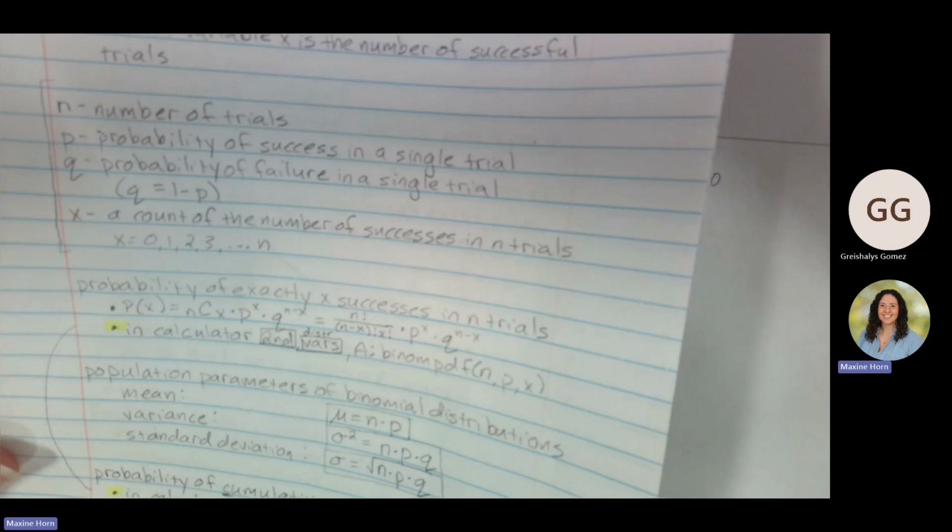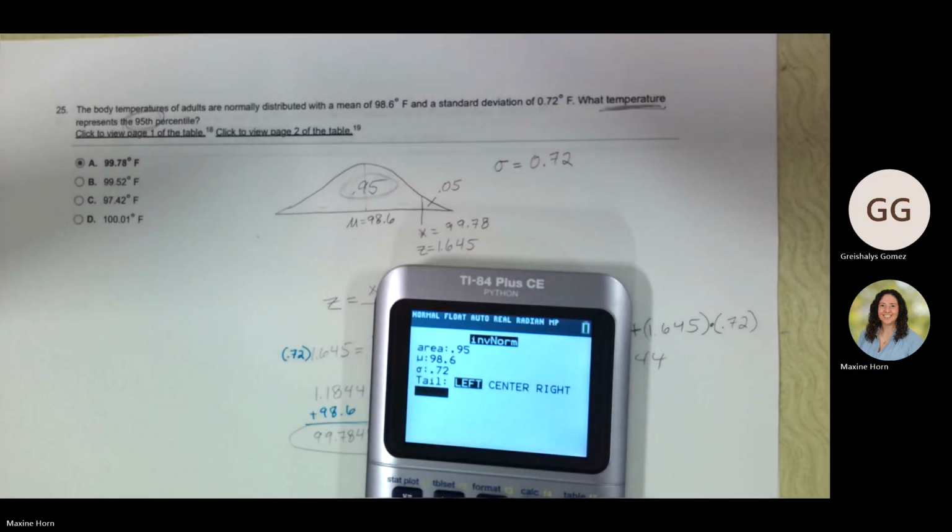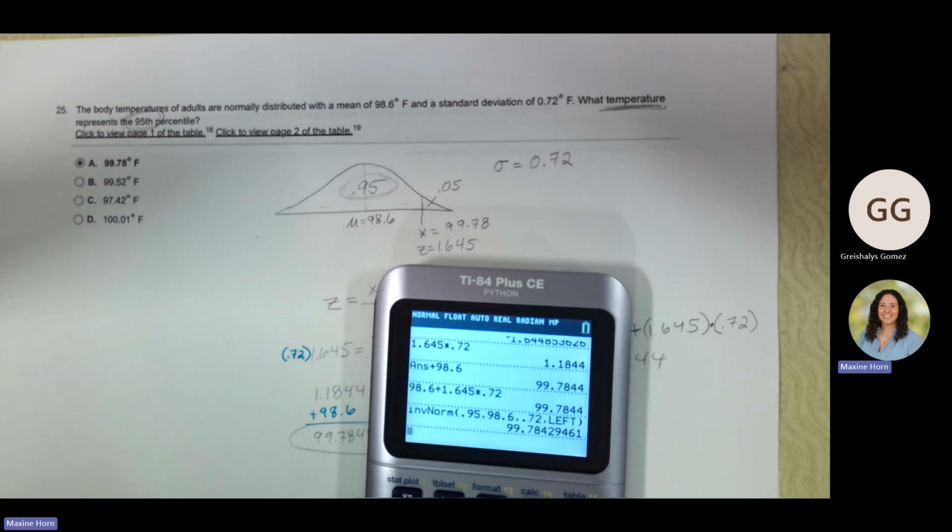So again, on your formula sheets, we would want to say that if I'm given an area and I need a Z-score or an X value, I'm using inverse norm, okay? So then I paste that in and I'm getting my 99.78. So no matter which way you do it, you're getting the same thing. Okay.